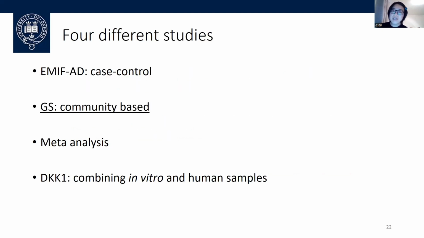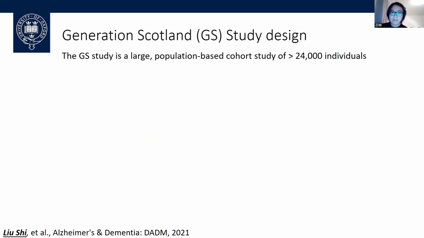Now, the second study I want to talk about is called the GS study, which is a community-based study. GS is short for Generation Scotland. As you can see, it's a study in collaboration with Scottish collaborators. The GS study is a large population-based cohort study, including over 24,000 individuals.